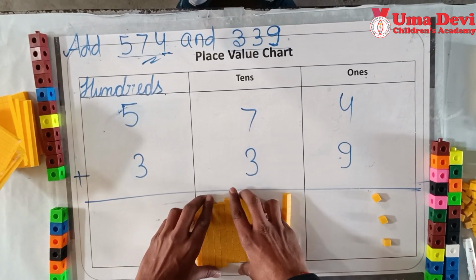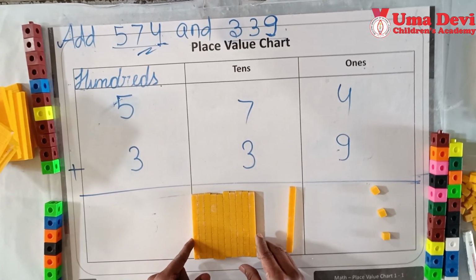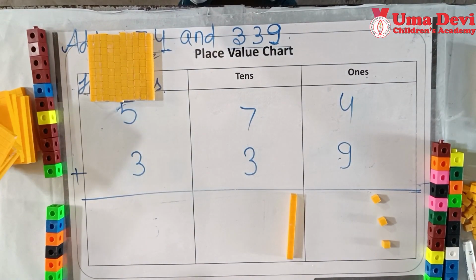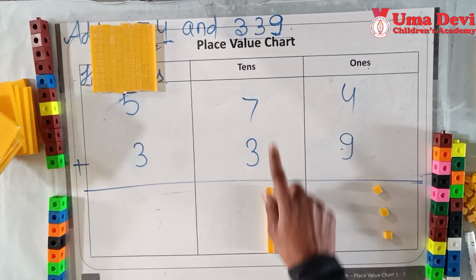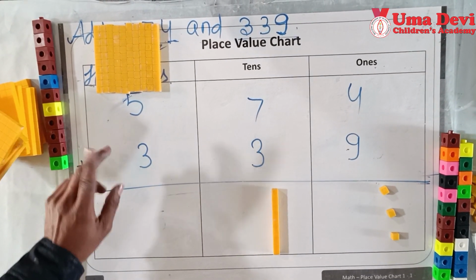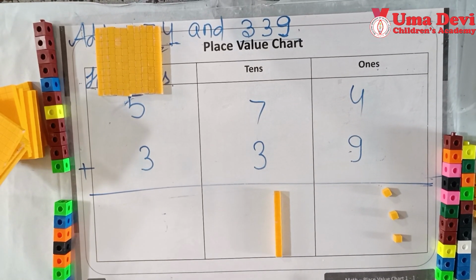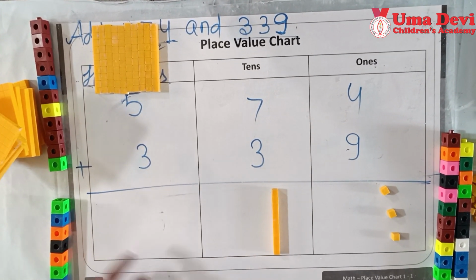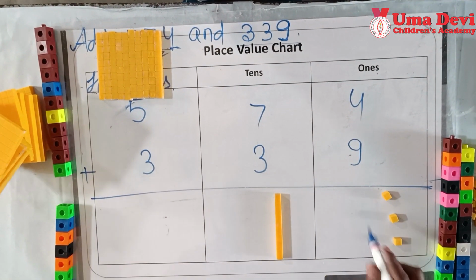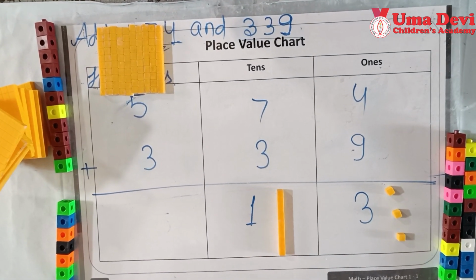Means we got the 100 here, so it will be transferred to the hundreds like this. So 1 tens will stay here, only 1 tens. As we know that 10 tens will make 100. So we will put here 1. So right now I am writing here, there are 3 blocks, so we will write here 3, here we will write 1. This much we have solved.